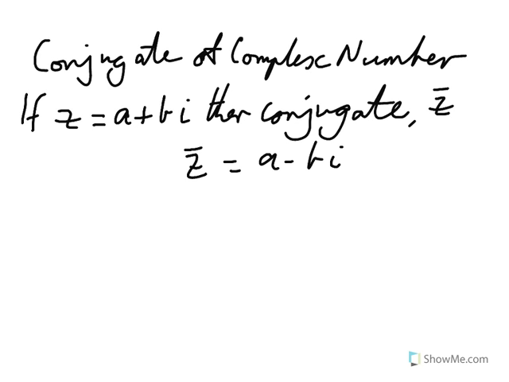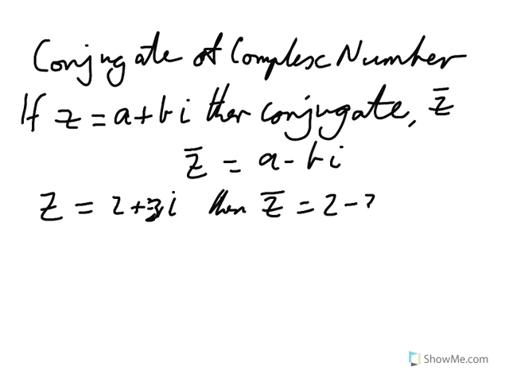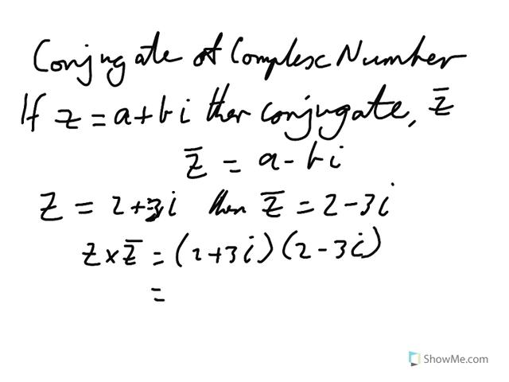So very simple. Now, the thing about a conjugate: let's have a look at, say, z equals 2 plus 3i. Then z conjugate will of course be 2 minus 3i, and if we do z by its conjugate, (2 plus 3i)(2 minus 3i), we get 2 2s are 4, minus 6i, plus 6i, minus 9i squared.